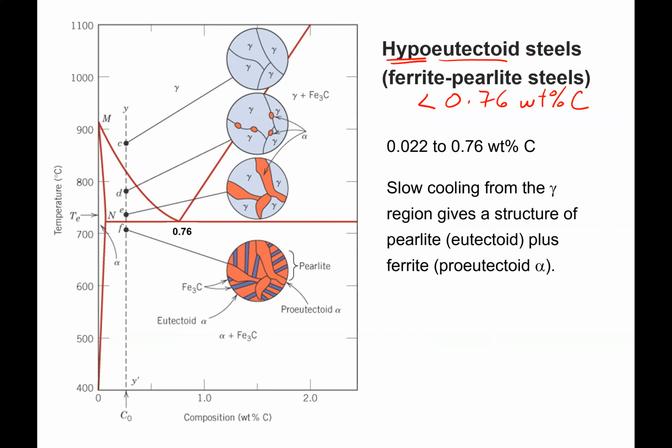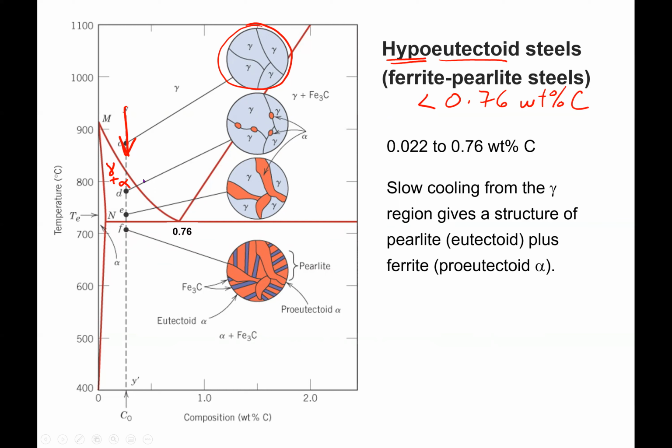So if we look at the structure of a hypoeutectoid steel, then we would start off with a gamma. Okay, this is similar again to the eutectic system, starting off as a liquid. We would move into the two-phase region upon cooling. And this two-phase region now has the gamma, which we started with, plus we'll start getting out some ferrite alpha.